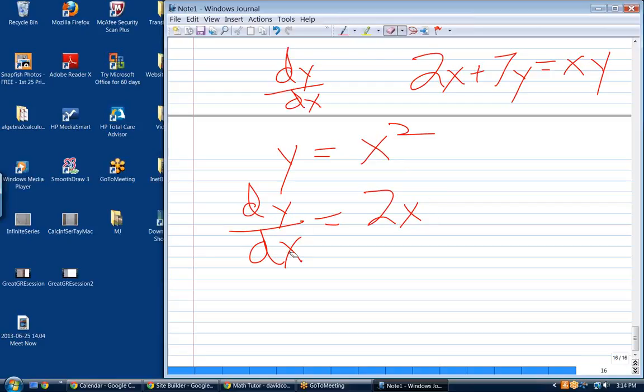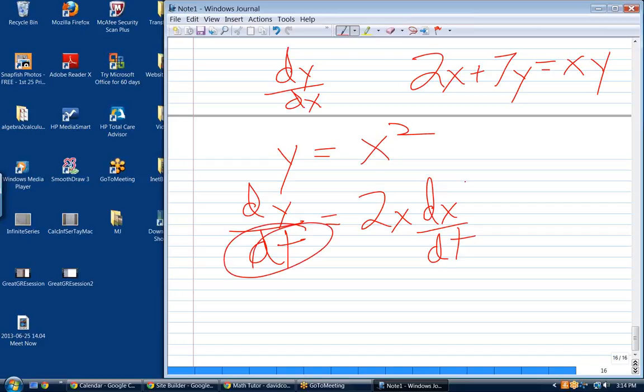But if I want a dy dt, and y was x squared, well, I have to take the derivative of that, but now I have to apply the chain rule and figure out dx dt. So the only thing that's different about implicit differentiation is when you run into a variable that is not your variable of differentiation, you have to add that to it.